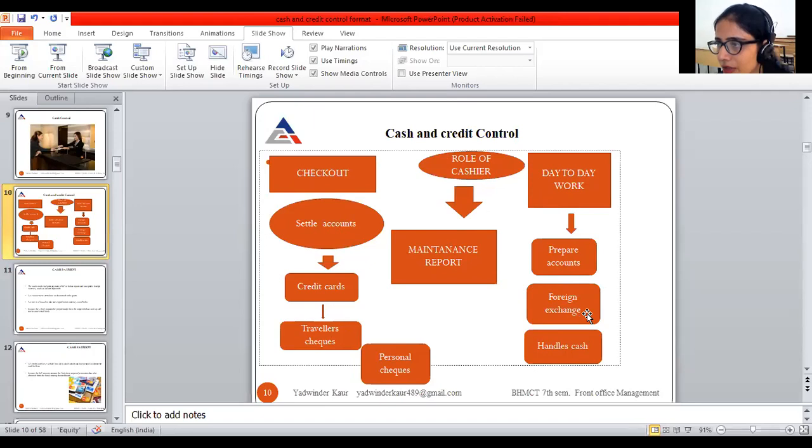If we have any foreign exchange with us, then we can prepare this also. Handles cash: we have to handle the cash, whether incoming cash or outgoing cash. We have to maintain all the transactions done in the day. This has to be taken care of by the front office staff or cashier, right?